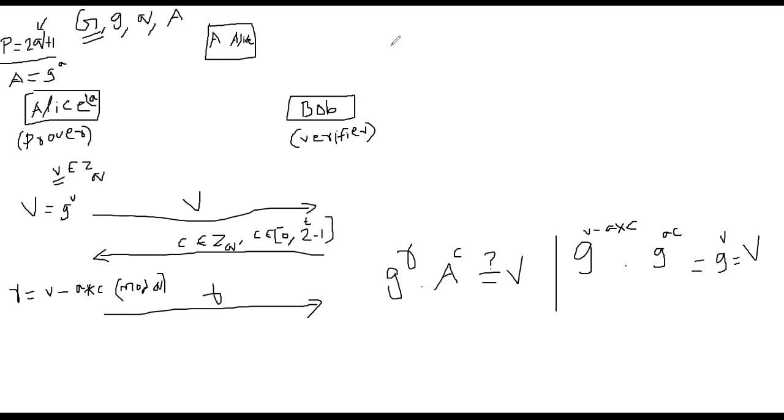That means we can also assume that he was able to do it for two different R's. If he was able to do it for one R, then he should be able to do it for two different R's, right? Okay, so let's continue the proof now. The proof is as follows.